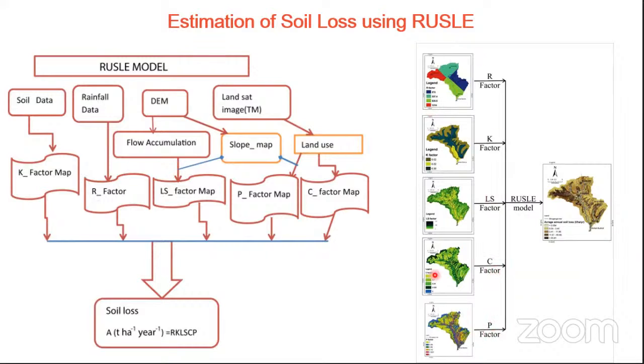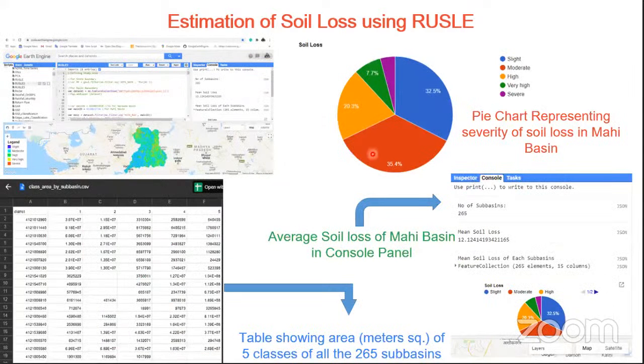In order to create these maps, you will need a soil data set, rainfall data set, DEM, and Landsat images. After performing some calculations, you will get the RUSLE map of a particular area. But with the help of Google Earth Engine, you write the code once and you can apply it to the entire world or any particular area.